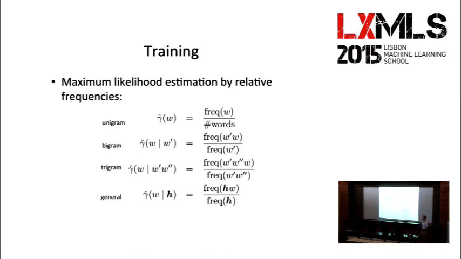It's another fancy name for counting. And you can prove that if you do relative frequency estimation for this kind of model, you are getting the maximum likelihood estimate. You're getting the probability estimates that give you the highest probability of your training data. In fact, when we train language models, we don't usually use this directly. We usually seek a somewhat lower likelihood estimate that will generalize better. And that's where smoothing comes in.